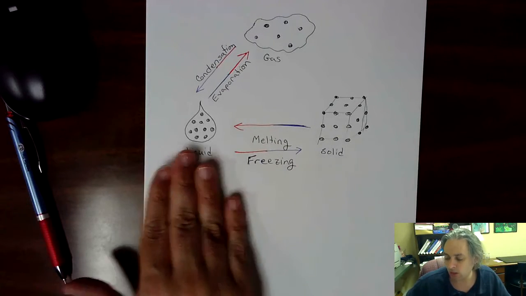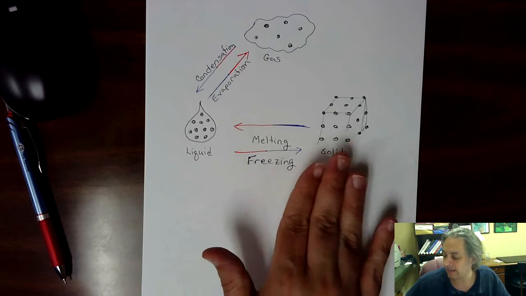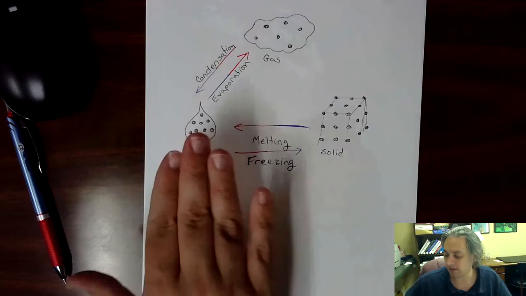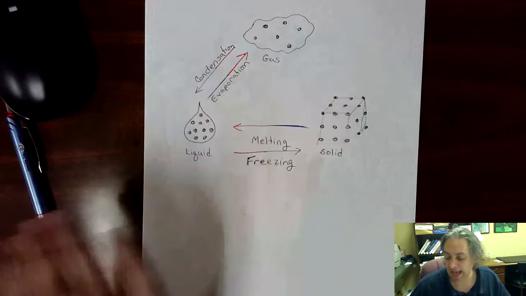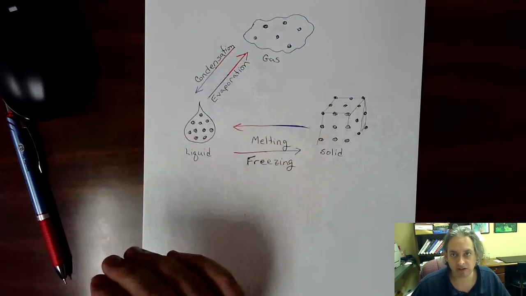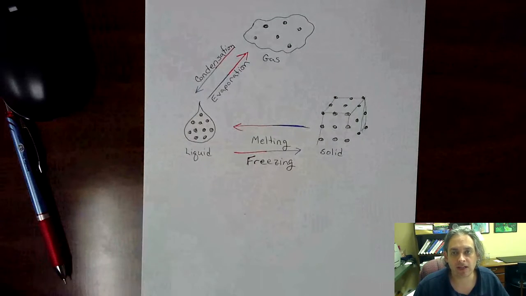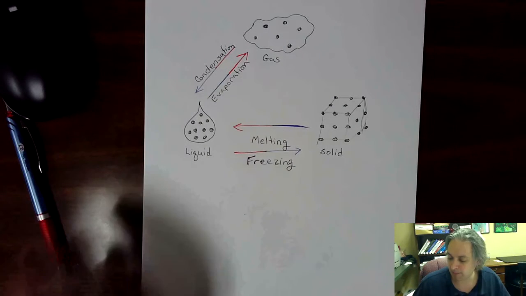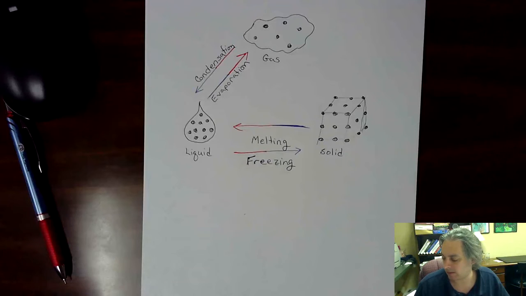So liquid water will freeze to ice at 0 degrees, and the ice will melt into liquid at 0 degrees. The liquid will boil or evaporate into a gas at 100 degrees C, and it will go from the gas phase to the liquid phase also at 100 degrees C. So melting and freezing happen at the same temperature. Condensation and evaporation also happen at the same temperature.